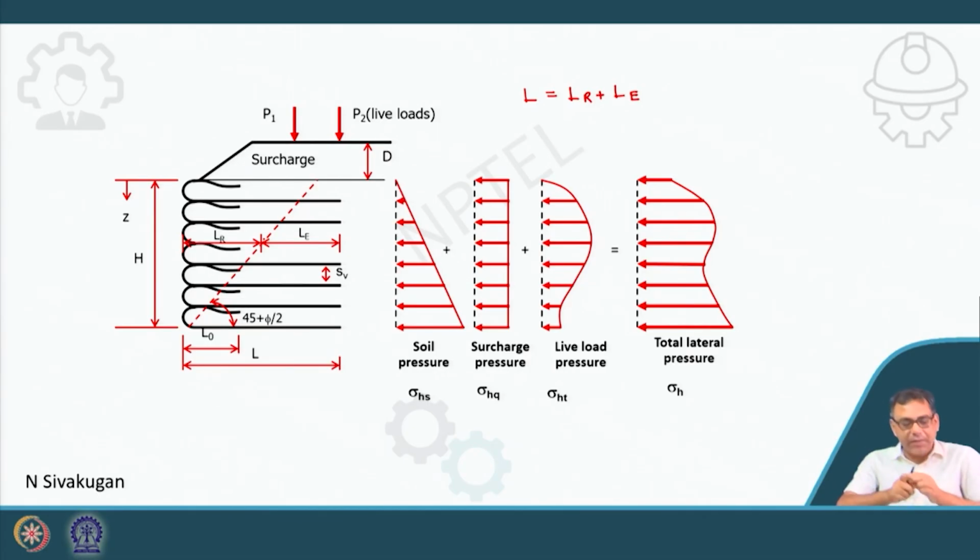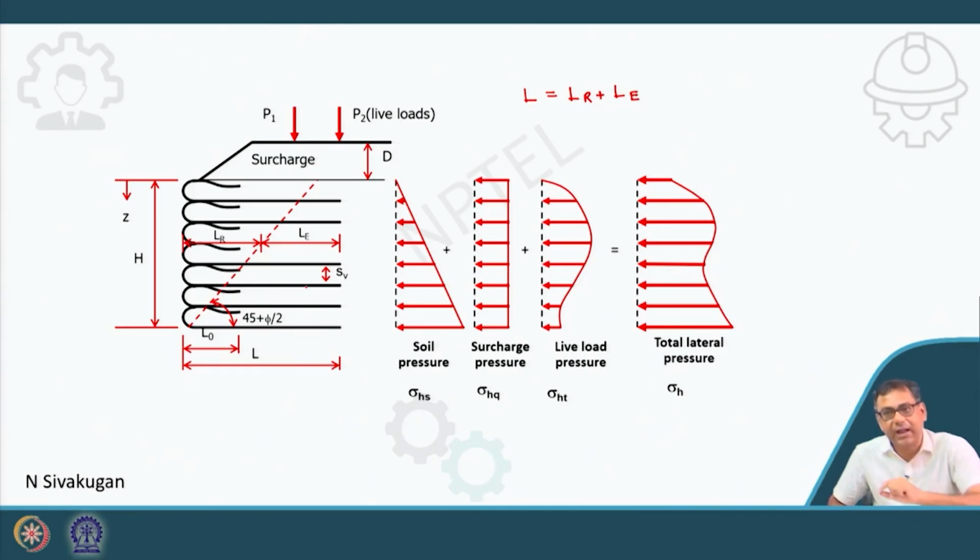And what is LE? Suppose a failure occurs, or the soil tries to fail along this failure line. If you provide a sufficient length of reinforcement, this reinforcement will act as an anchor.